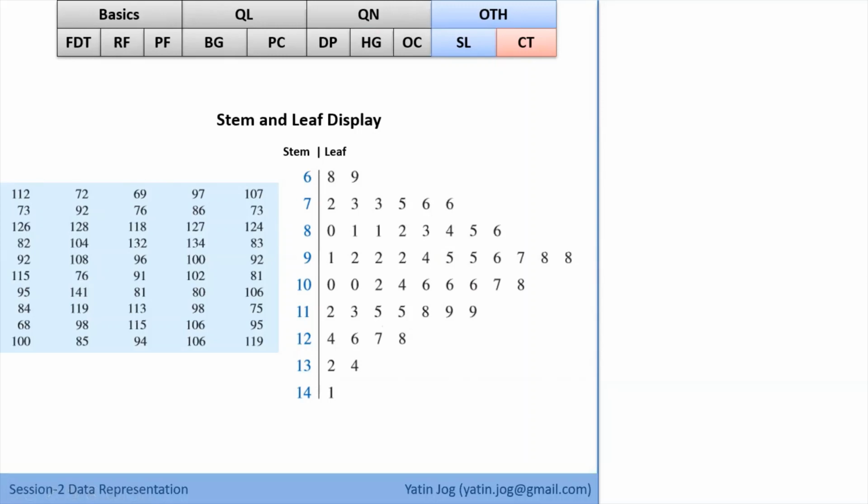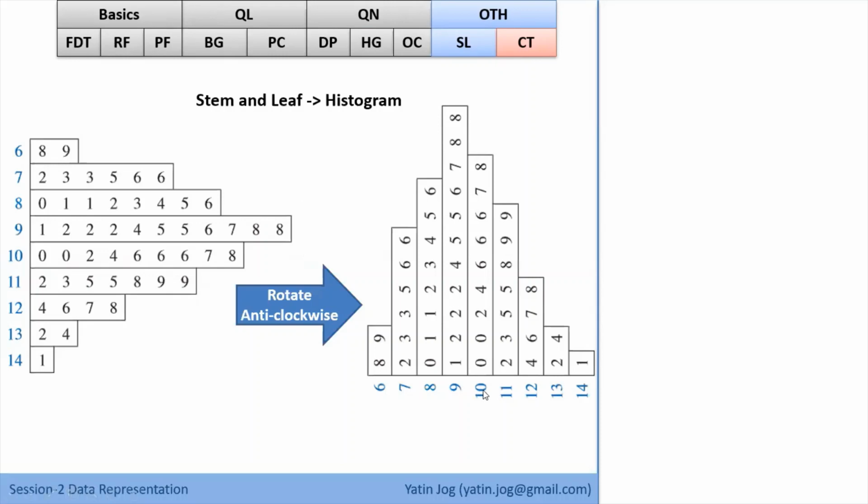Again, just like dot plots, stem and leaf display is useful in case of small data sets, up to 40, 50, or 100 values maximum. What is the use of this stem and leaf? If you rotate this stem and leaf anti-clockwise, what you get is a histogram. The only difference is in case of histogram, you don't get all the internal details, which are the actual values.